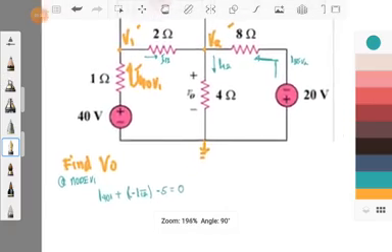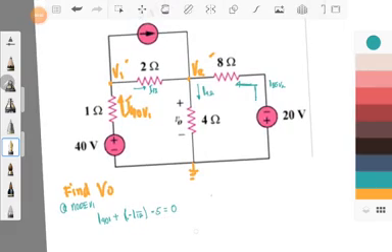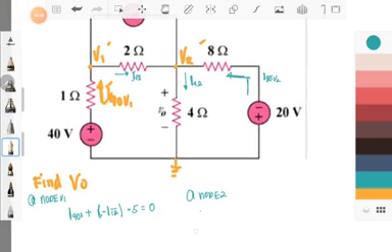Next is your equation at node 2. At node 2, we have I12, it's going into the node, so it is positive I12, and then your I4, it's going out of the node, so it is negative I4 ohms.